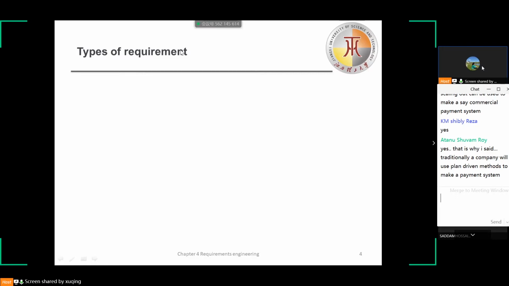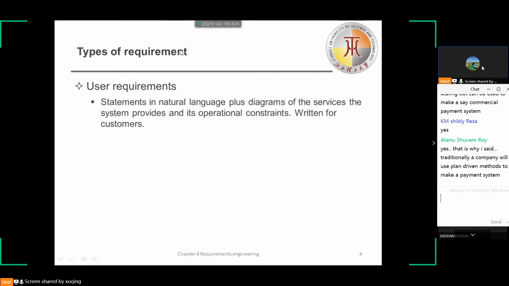So we may separate requirements by the level of the requirement. One type is the user requirements. We can call them statements in a natural language, plus diagrams, of the services the system provides and its operational constraints. It is always written for customers.